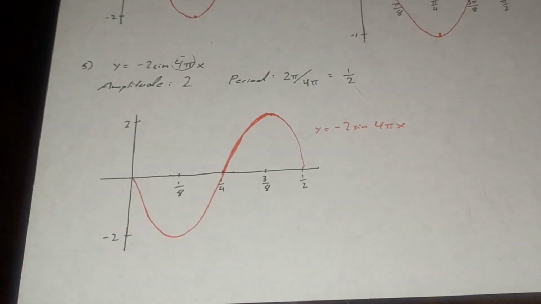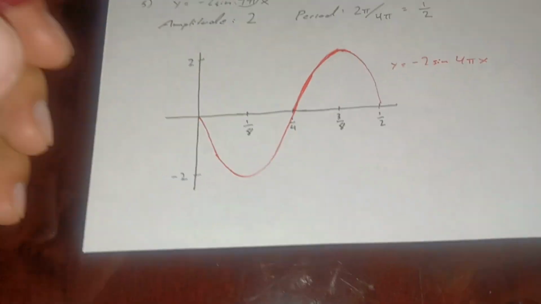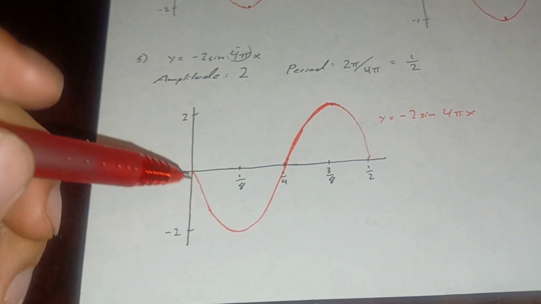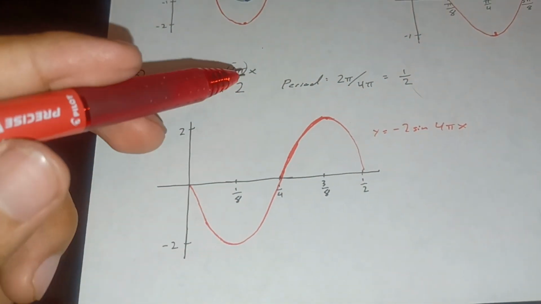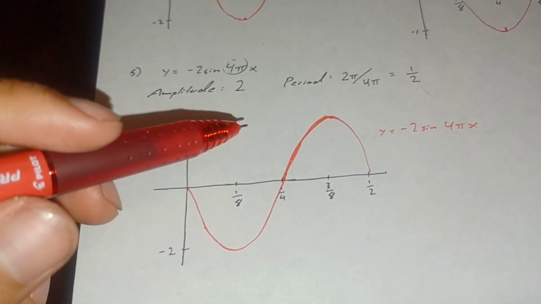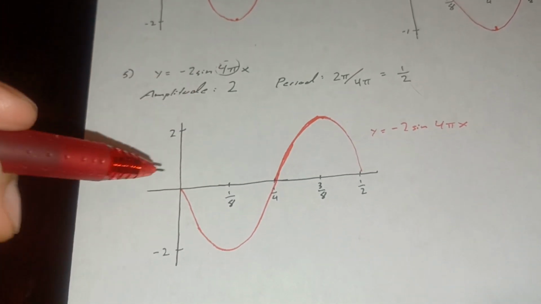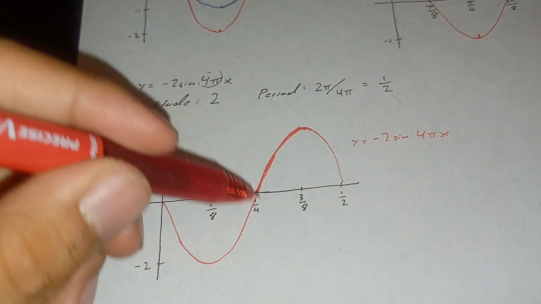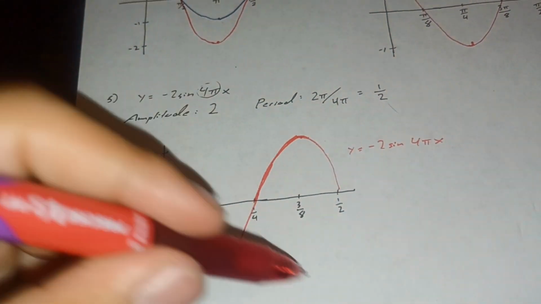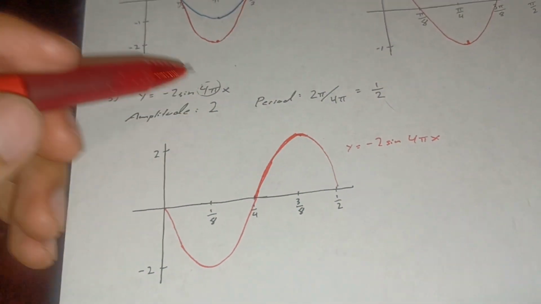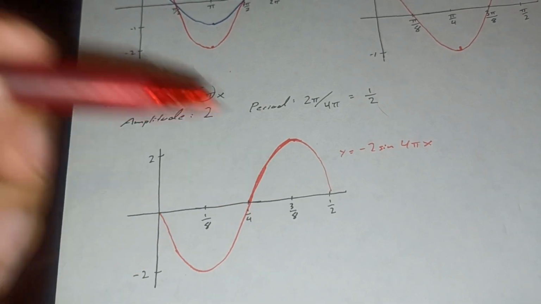That's going to be your graph, because we have a negative right here. That means it's going to get flipped. It's going to get reflected across the x-axis here. If this wasn't a negative, it's going to be like that. So again, negative reflected across the x-axis.